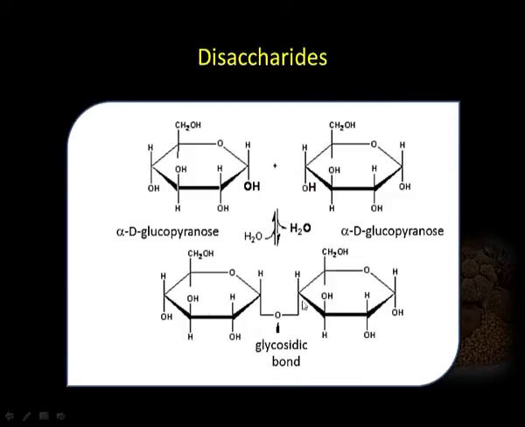Such a unit is a disaccharide, because now it is made up of two monosaccharides. But amongst these two monosaccharide moieties, we will call this as having the glycosidic linkage, or this is being converted into the glycoside, and this is the aglycone part, because this is acting like an alcohol.